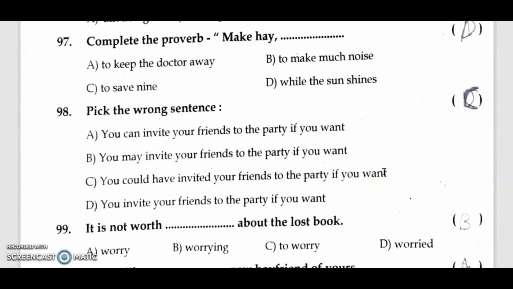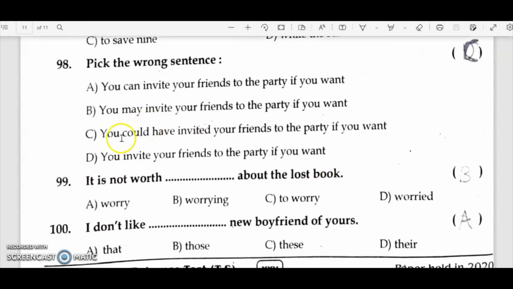Here the correct answer is C because the past tense: you have, it has not been the past tense. It is the future tense. The party is in the future. So you could have will be the wrong sentence.